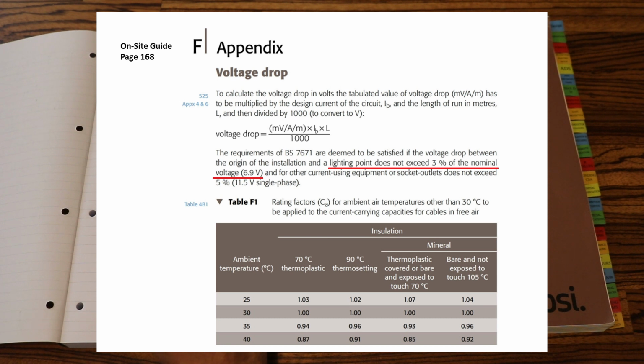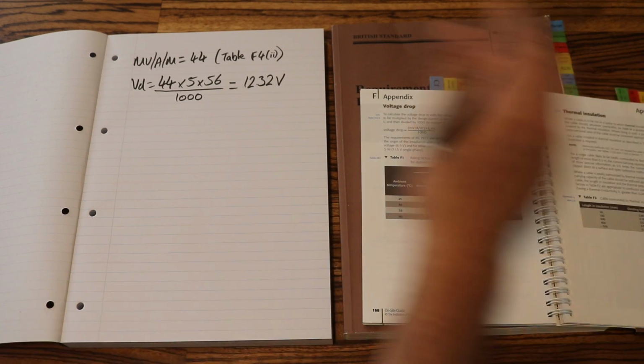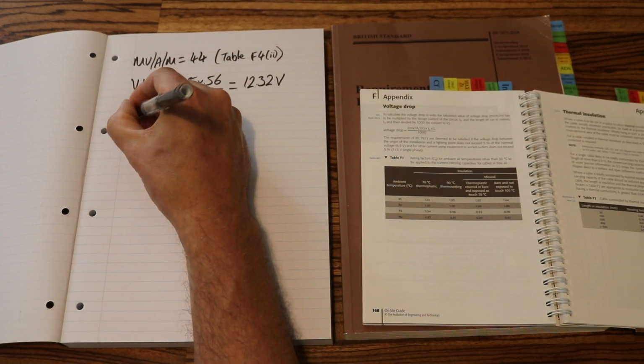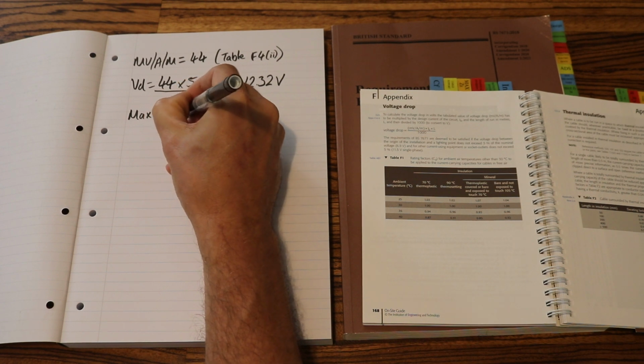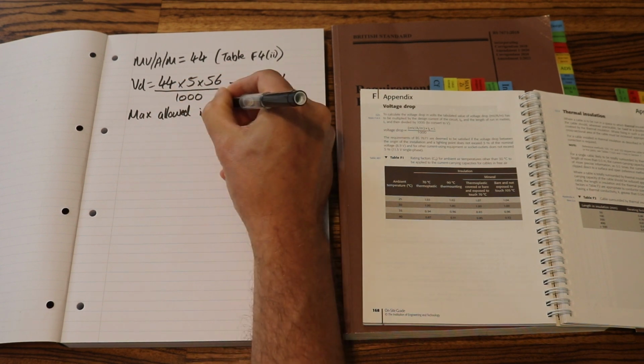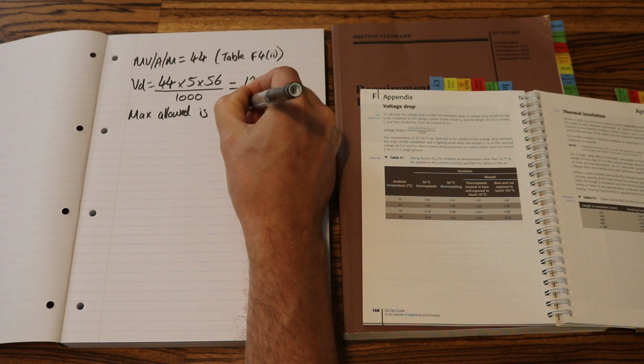That 6.9 volts is 3% of 230. The book has done that equation for us just quickly. So our maximum volt drop in a lighting circuit, which ours is, is 6.9 volts. So we can write here, to gain those extra marks, max allowed is 6.9 volts.